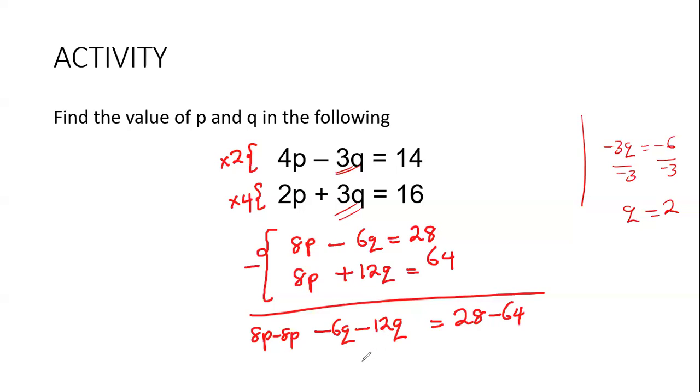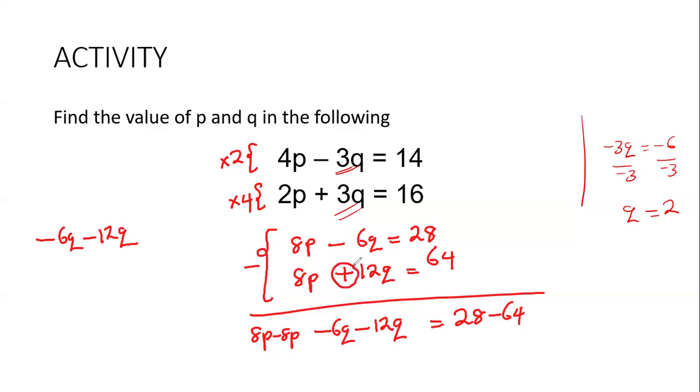But here in the negative 6Q minus negative 12Q, that's how I placed it. What did you get? 6Q, minus 6Q minus 12Q. No, here I did not do it like that. Remember, this was a positive.